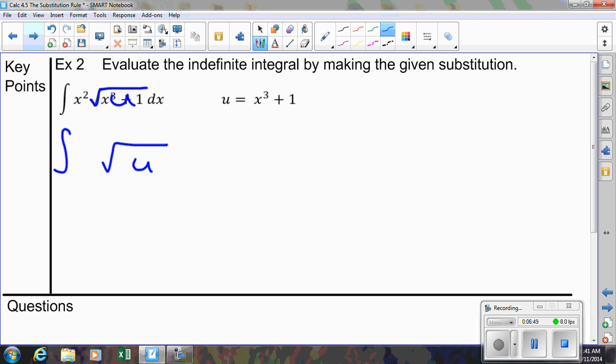We can see we have some extra pieces here. We have an extra x squared and the extra dx. We need all of this in terms of a single variable, which is why we will now employ implicit differentiation. Take the derivative of u with respect to x on both sides.